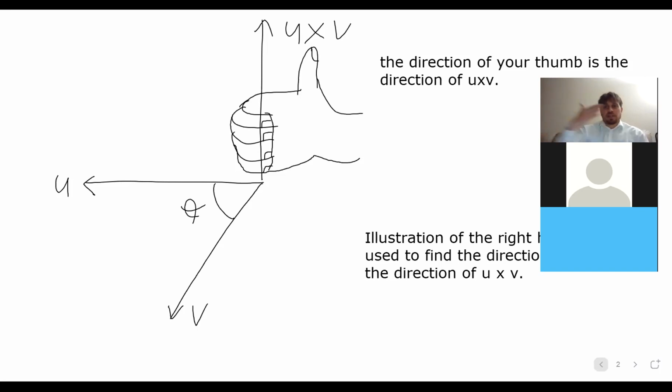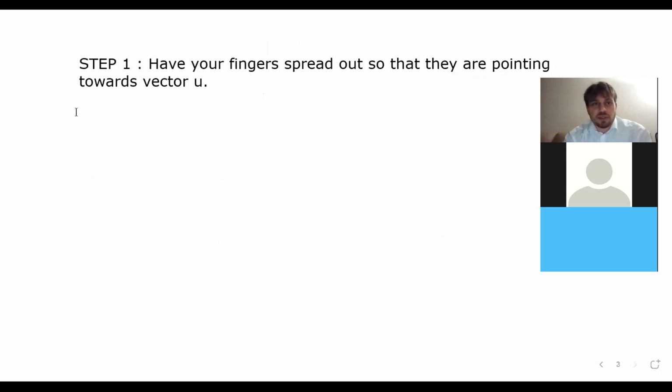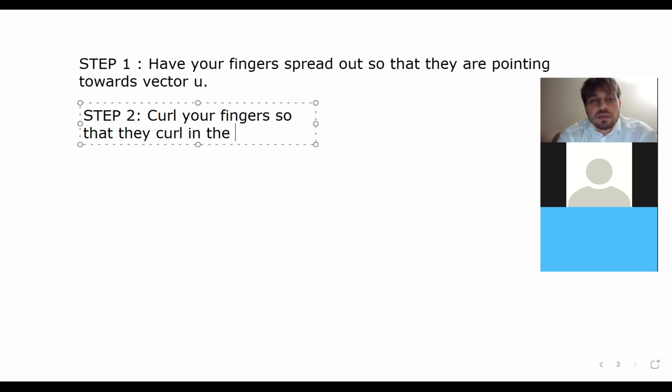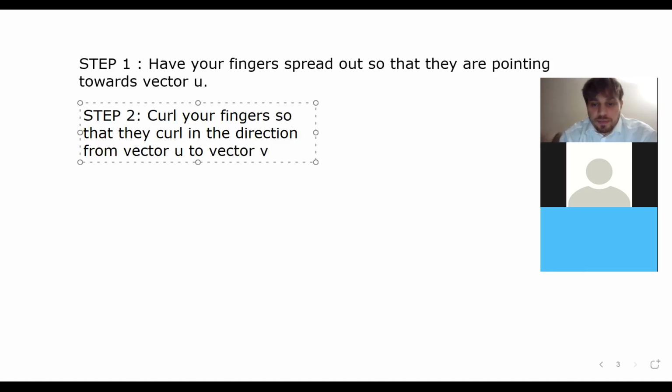Wherever u is, your fingers are just pointed in that direction. You imagine the starting point of the vector here, and then it keeps going, and your fingers are just pointed in the direction of u. So step one's easy. I think like most things in life, the middle step is the hardest part. So step two is to curl your fingers so that they curl in the direction from vector u to vector v.